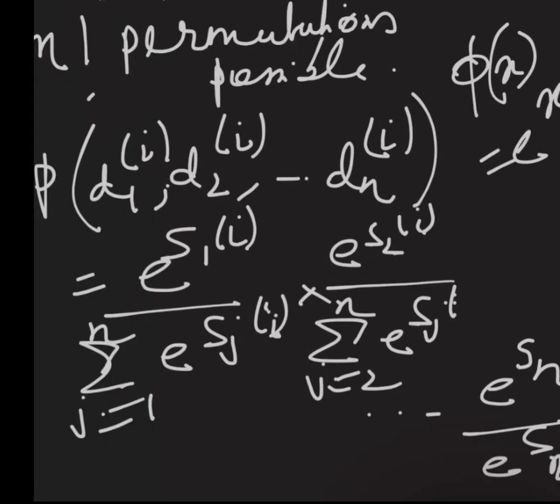The author showed that there are n factorial permutations possible for a given n number of documents, and if we predict the order d1, d2 up to dn, the probability can be termed as a product of individual quantities, which are nothing but the probability of being at the jth position.